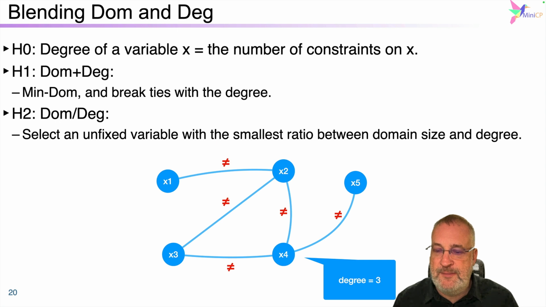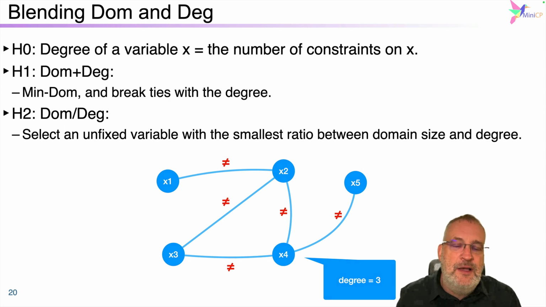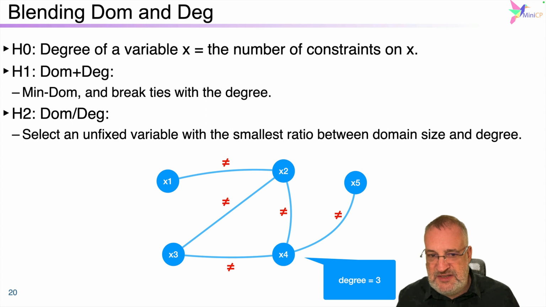We'll do min-dom. But if I find out that three variables have the same domain size and I don't know which one to pick, the one I will choose will be the one that has the highest degree. That is your breaking ties based on the degree after doing your minimum domain size selection. And that can work quite well.